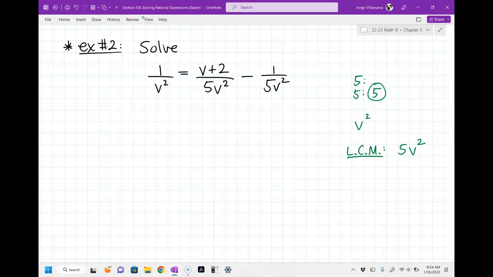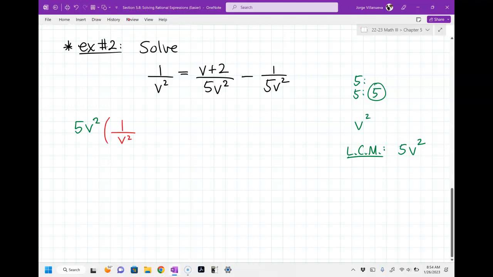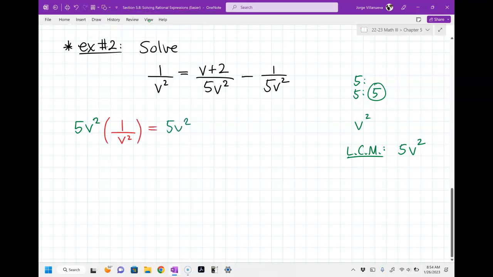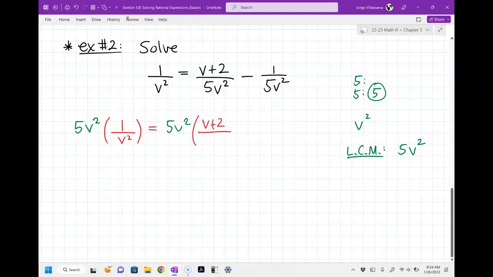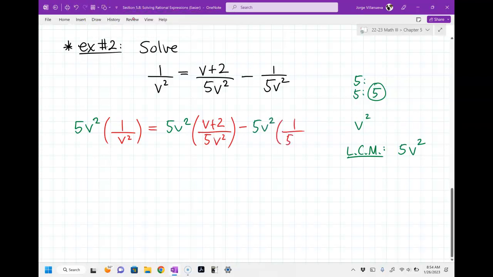Now I'm going to multiply every term by 5V squared. So here we go. So 5V squared times 1 over V squared is equal to 5V squared times V plus 2 over 5V squared minus 5V squared times 1 over 5V squared.